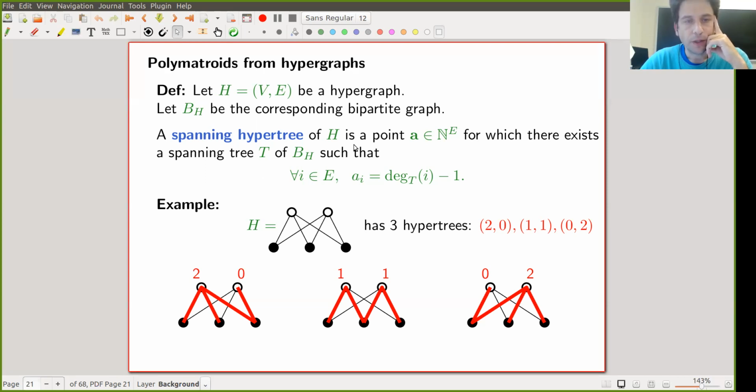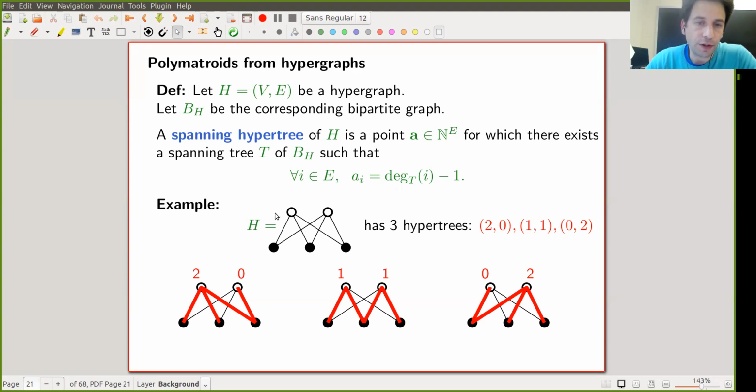So a spanning hypertree of H will be a point with coordinates indexed by the hyperedges, for which there exists a spanning tree of the bipartite graph, such that the coordinates of this point give the degree of the tree minus 1. There is just a conventional shift of 1 here.